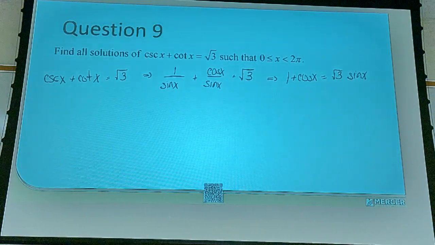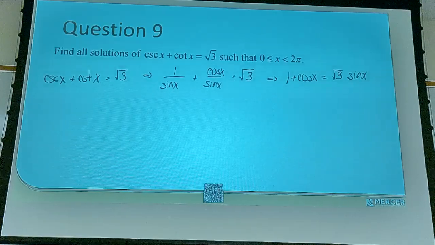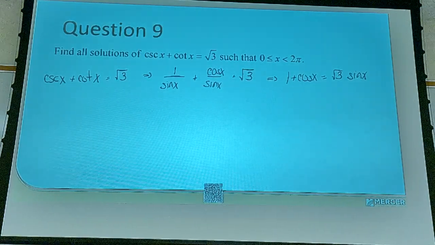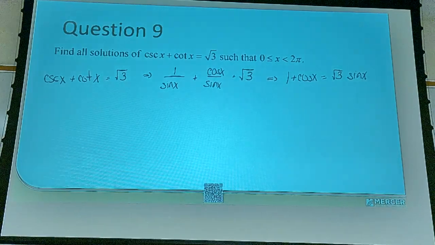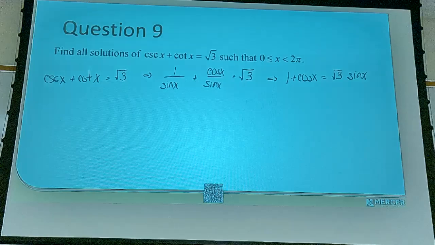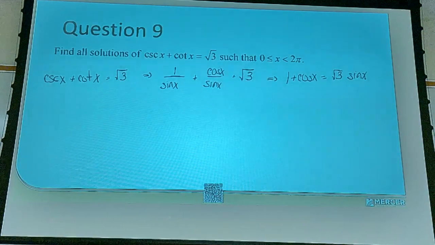Well, if this is true, then their squares would also have to be equal, right? If x equals y, then x squared would have to equal y squared.